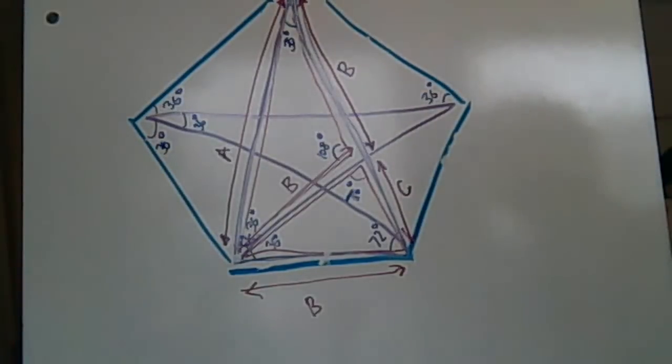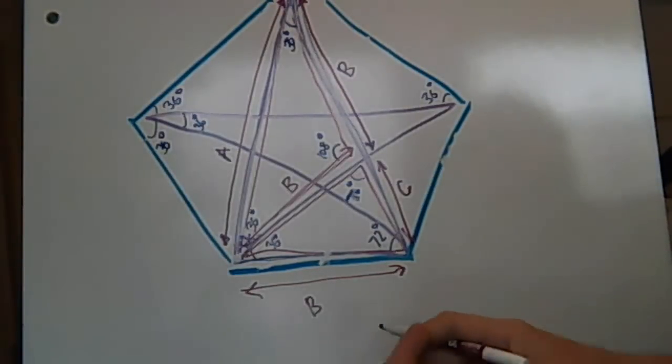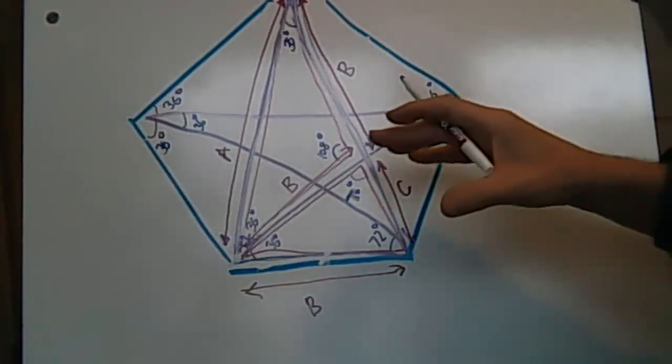And because of these isosceles triangles, on similar triangles, if you have two similar triangles, the ratio of corresponding sides are equal. One triangle might be bigger than the other one, but the ratio of corresponding sides are equal.